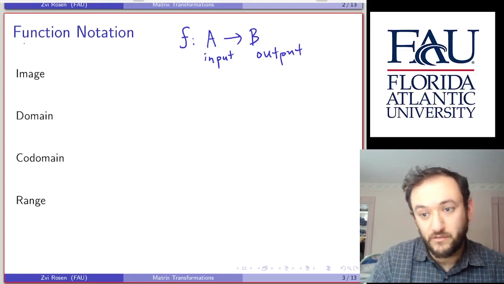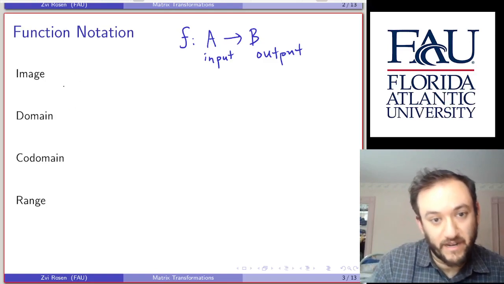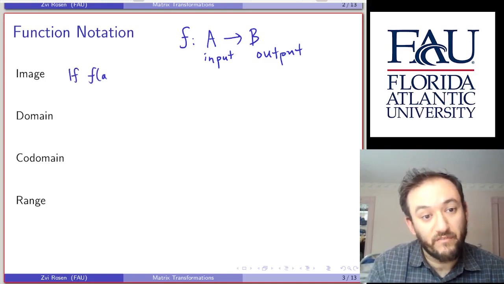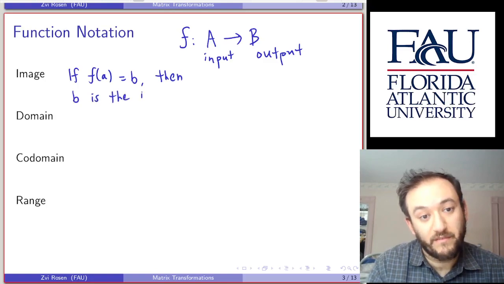The image describes the output of a function when you evaluate it at a certain input. So if f of A equals B, then we say that B is the image of A.